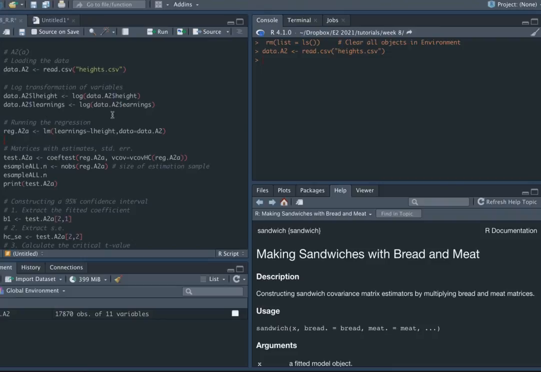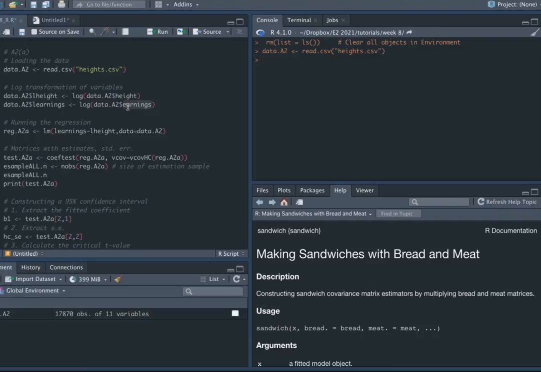As I said, it's an American data set, so heights are in inches. I'm not used to thinking in inches. So what we can do is we take the log. We can also take the log of earnings. We don't know from the data which year the earnings are from, so we don't know how much.